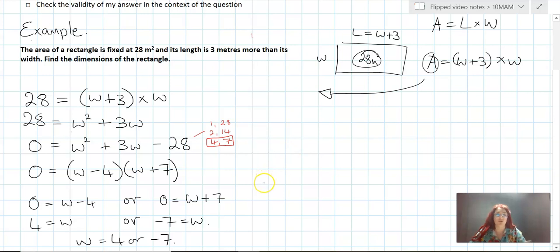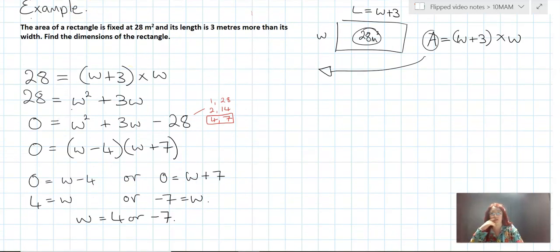Now, we've got 2 options here for the width. But obviously the width of our rectangle can't be a negative number. Okay, so that negative 7, we look at that and think of that in a real life situation. You're not going to have a rectangle with a negative length. So that's not a valid solution for our situation, which means that the width must be 4.